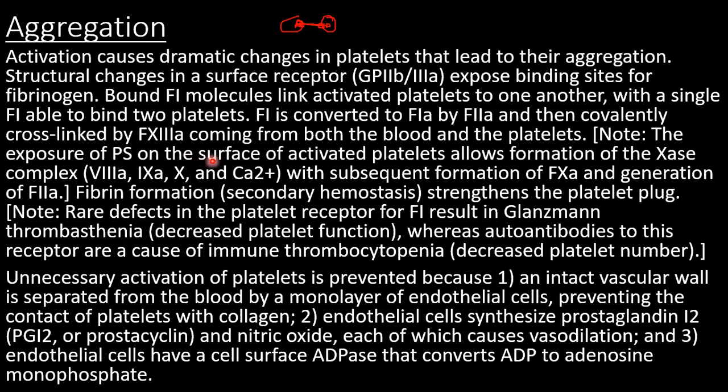Exposing the phosphatidylserine on the surface of the activated platelets will allow the formation of the tenase complex. This tenase complex is a complex of activated factor 8 and factor 9, and it will convert factor 10 to activated factor 10, and also calcium will bind there, with subsequent generation of thrombin.